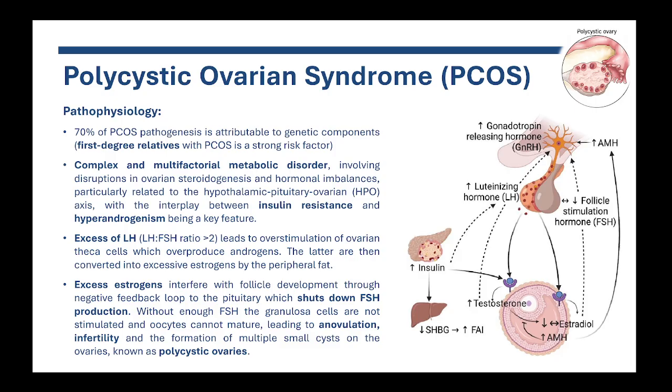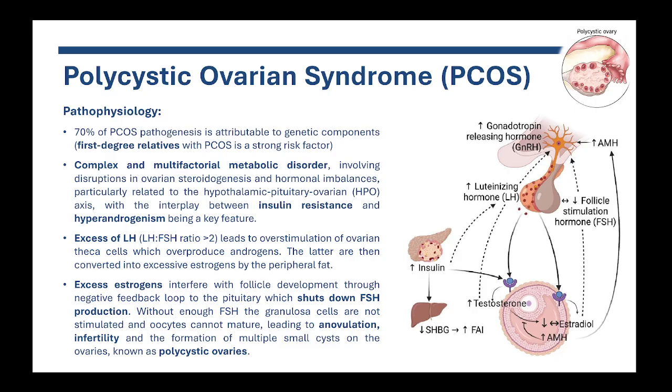Okay, so an excess of LH will lead to an overstimulation of the ovarian theca cells, which will overproduce androgens. And these androgens will go into the bloodstream, and the peripheral fat has the ability to convert excessive androgens into estrogens. So that will also lead to excess estrogens in these patients.